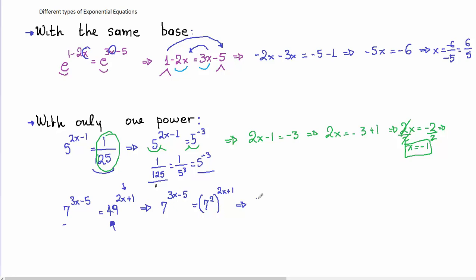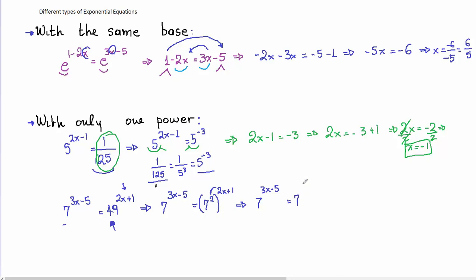So this now will give me 7 to the 3x minus 5 as the exponent, and on the other side I can apply the rule of exponents that tells me that a power to a power is equal to the base to the product of the powers.